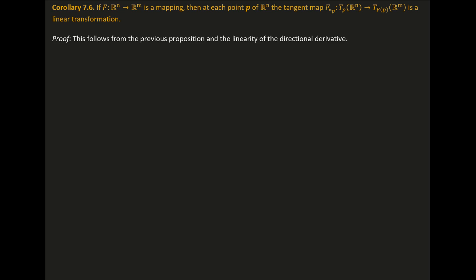Indeed, we don't need to say much about this proof because it follows from the previous proposition immediately. All we need to do is apply the fact that the directional derivative is linear.